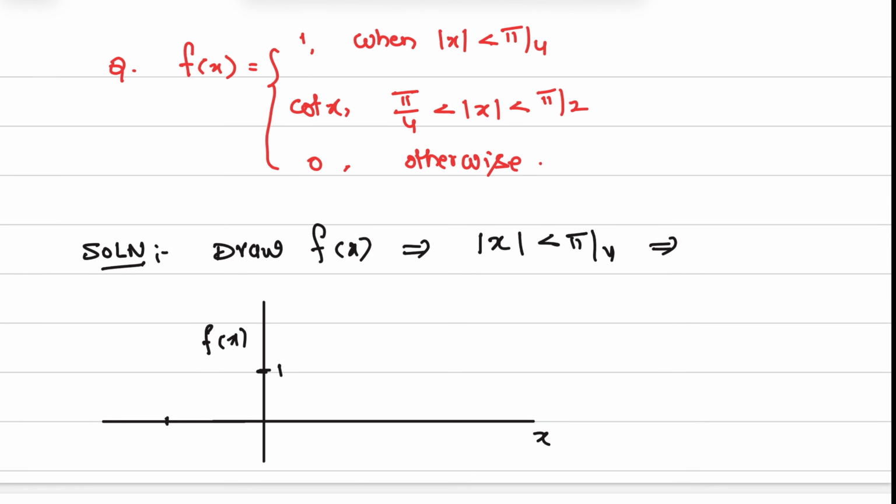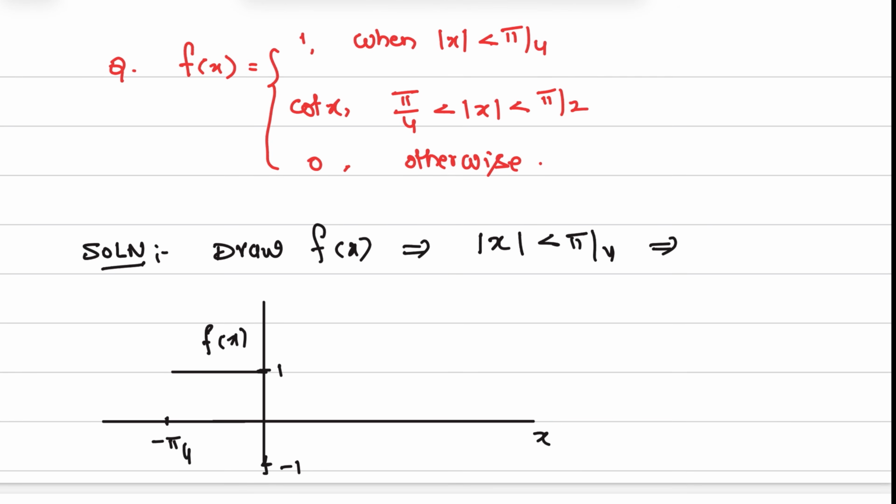That means at minus pi by 4, it is minus 1 here because absolute values we are using. It is plus 1 here. There is a jump like this.